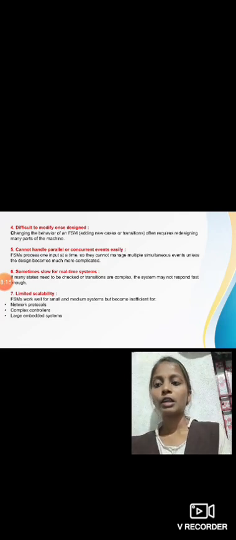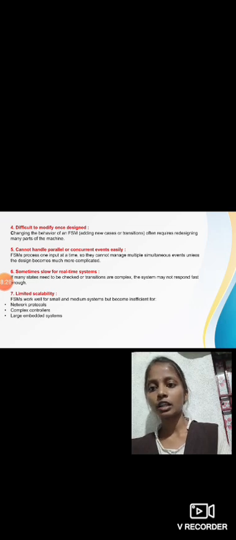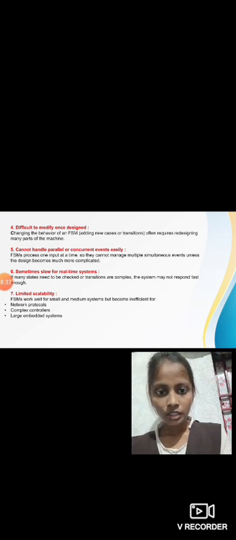Design becomes much more complicated, and it is sometimes slow for real time systems. If many states need to be checked or transitions are complex, the system may not respond fast enough.